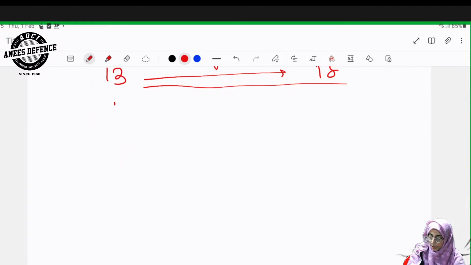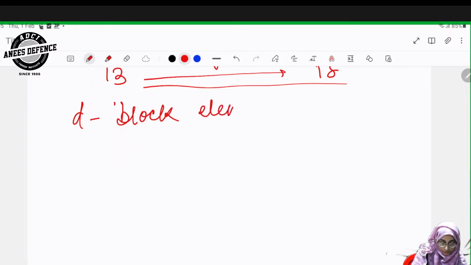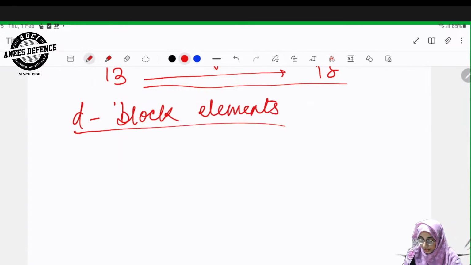Now we'll proceed to the d block elements. Where is the d block located in the periodic table? Between s block and p block.